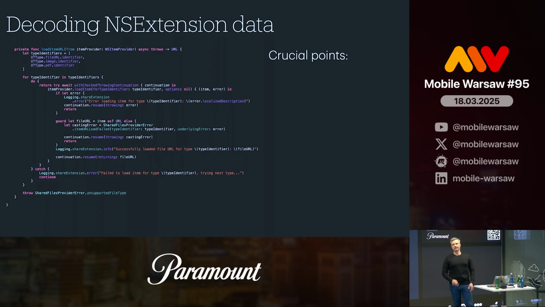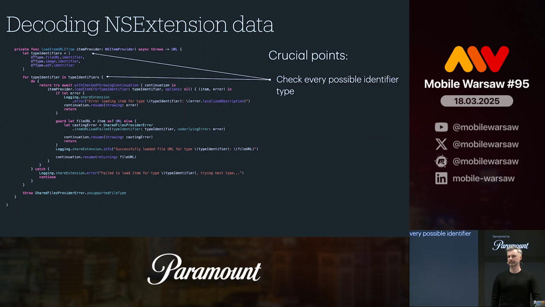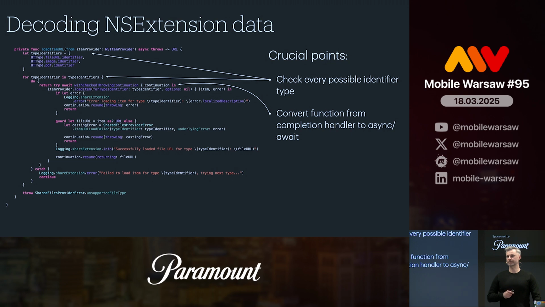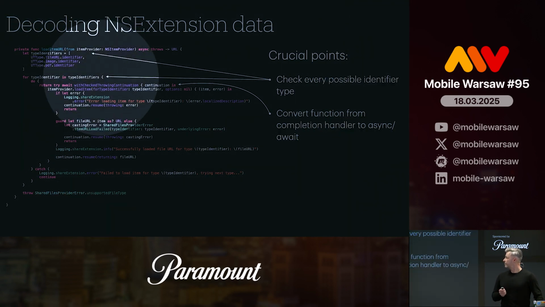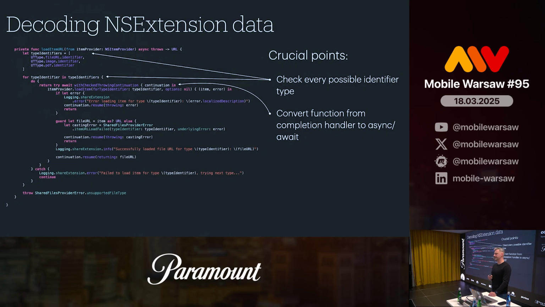Decoding NSExtensionItem, everything happens in the file provider, so in an actor. So it works with Swift 6, which is very cool in my opinion. We choose an identifier. You will see here the file URL identifier.